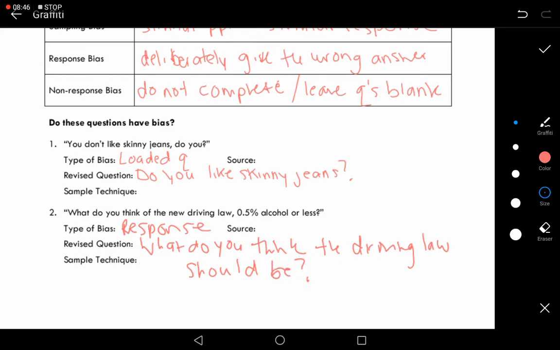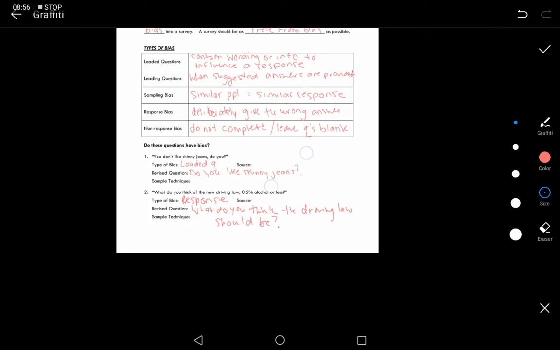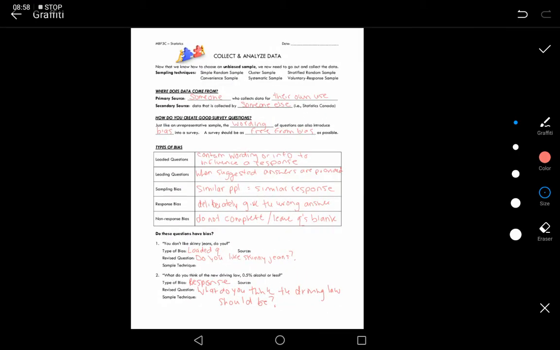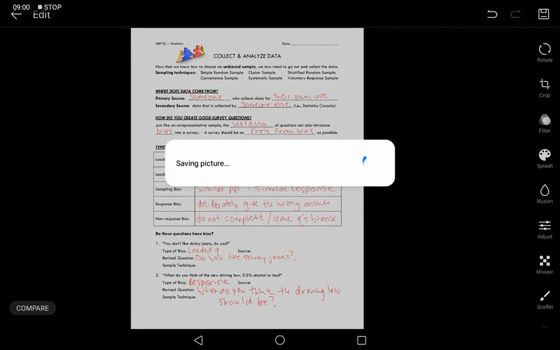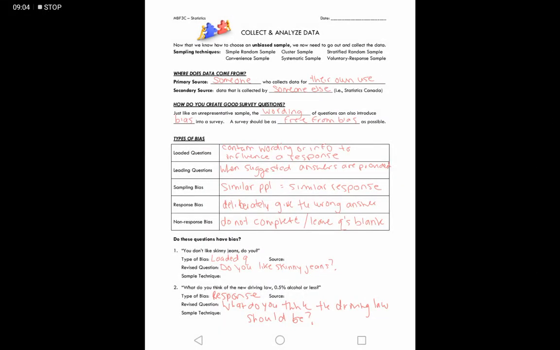Okay, and again, the sampling technique, it doesn't really matter what you use here. You just have to understand the pros and cons to using each. Okay, so that's the first page of the notes. There is a second page where we work through some more examples.